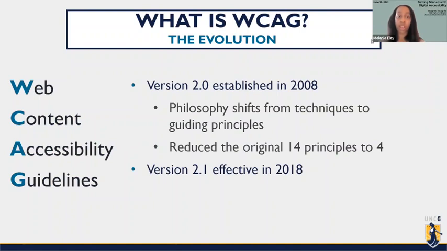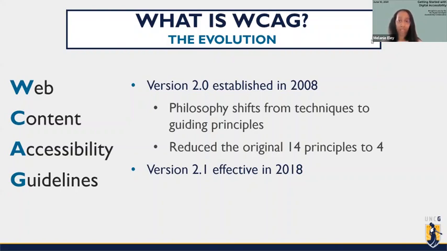So WCAG has evolved over the past few years. However, there was not an update to it until 2008. That's when W3 released the 2.0 version. And it did shift WCAG's focus from looking primarily at the techniques for achieving accessibility within web content and moved it more towards having guiding principles of accessibility.